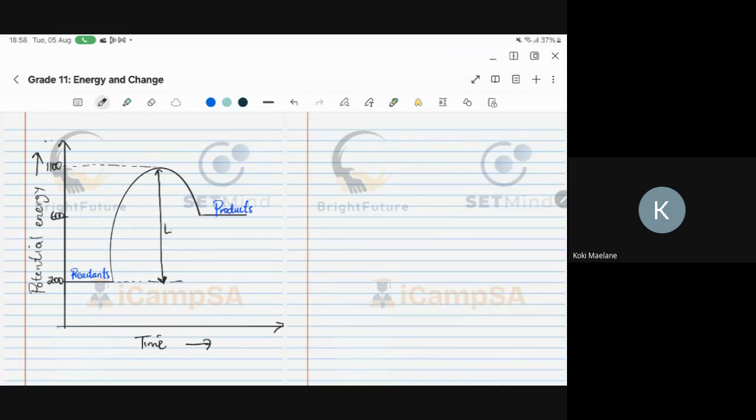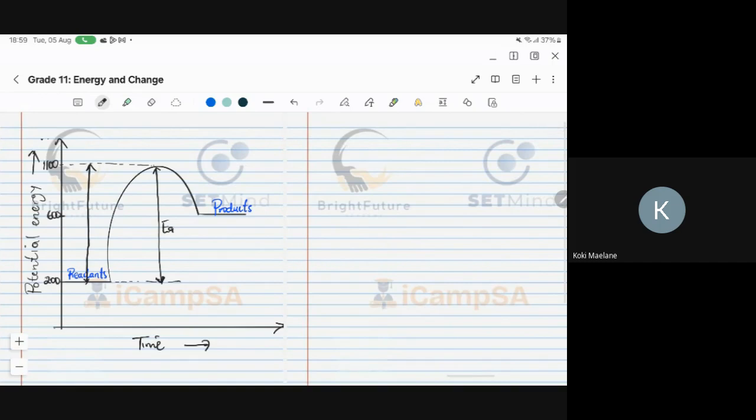That's your EA, activation energy. And remember what I said, the arrow can either be inside or it can be put here. Still the same thing, nothing changes. So let me leave it there. All right, so this is your activation energy. We'll calculate what they mean in this case, in our example.